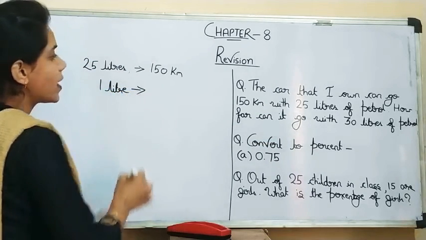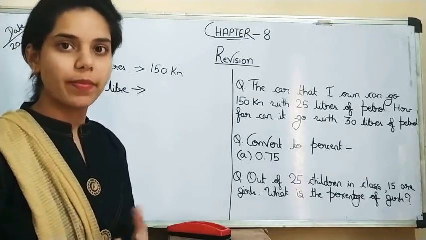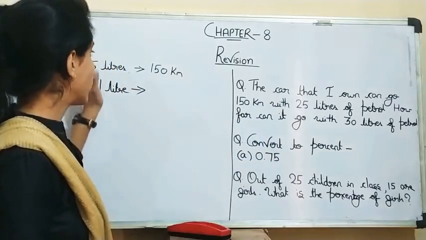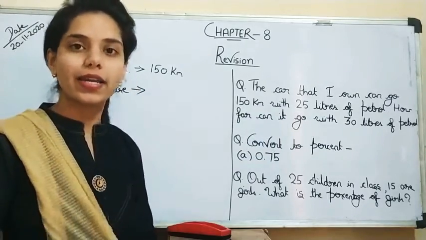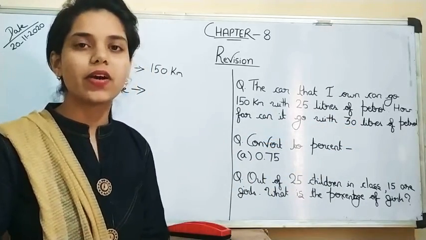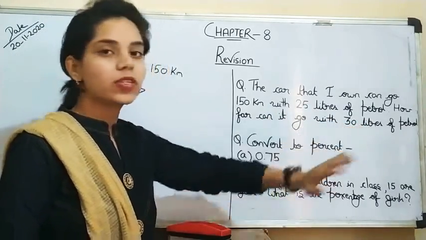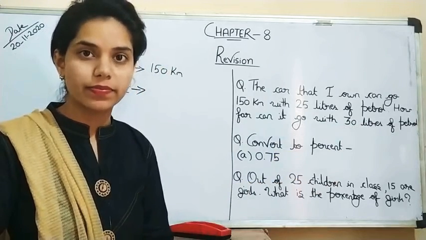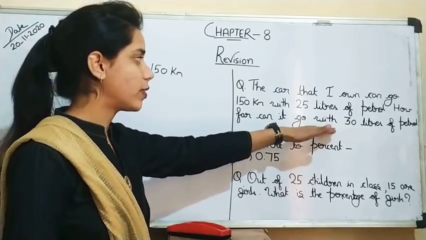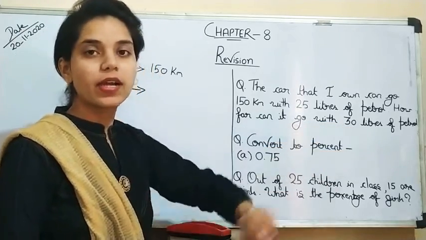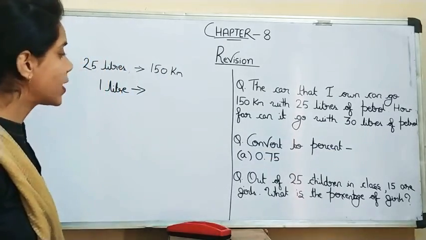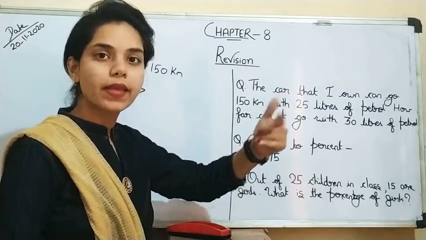Now, it is very important to understand this concept. To find the answer for any number, like 30 liters, 20 liters, or any other number, first find it for 1. If we find for 1, it is very easy to find for big numbers.